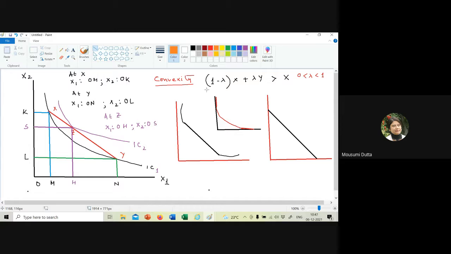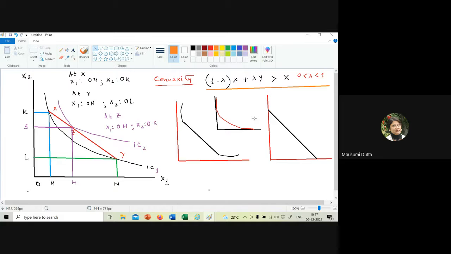Okay. This is the idea. If I consider any arbitrary positive number lambda, when lambda lies between 0 and 1, I can write the combination of x and y as follows: 1 minus lambda x plus lambda y.